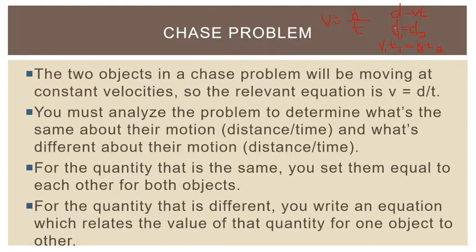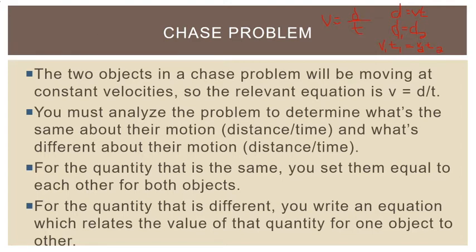In all problems, it has to be the case, if they are going to catch up to each other, which they always do in these problems, the chase always results in the person getting caught. In these problems, if the distance is the same, the times have to be different. And if the times are the same, then the distance has to be different.